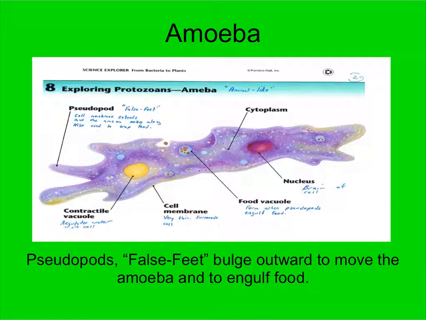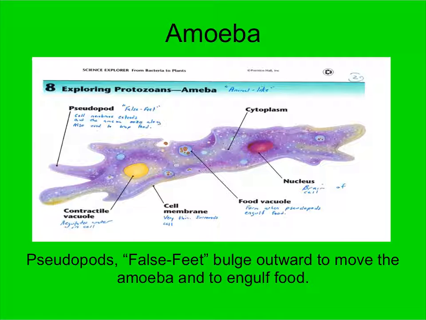All right, so here's an amoeba, and this is what I was trying to describe to you, what a false foot looks like. So all they do basically is, it's not a real foot, they just stretch out their body. Again, if you've ever seen something slimy in a horror movie, just moving around, that's kind of how they move. They have vacuoles. We know that vacuoles help store things, so they have food vacuoles.